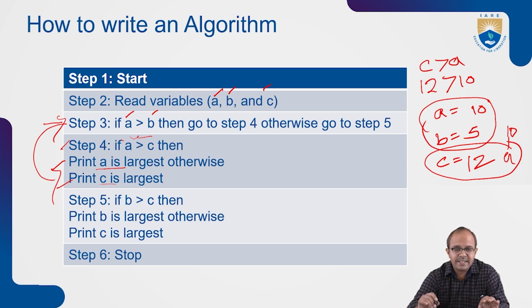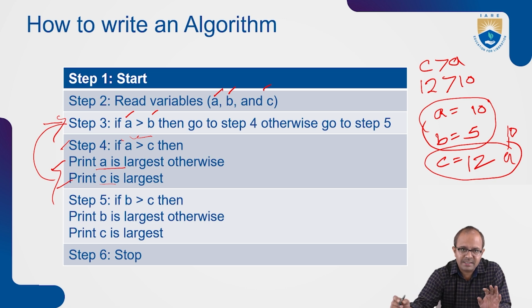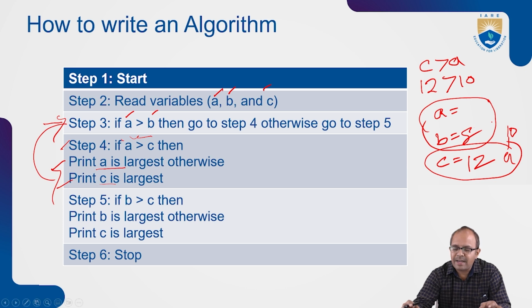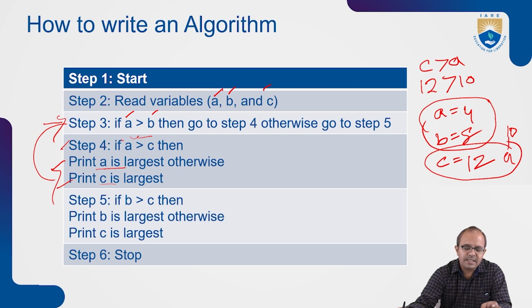Now in step 3 itself, if the condition fails, that means if B is greater than A, let us take some other values for A and B. Let us take A as 4 and B as 8. If the value of A is 4 and the value of B is 8, what happens to the condition written in step 3?